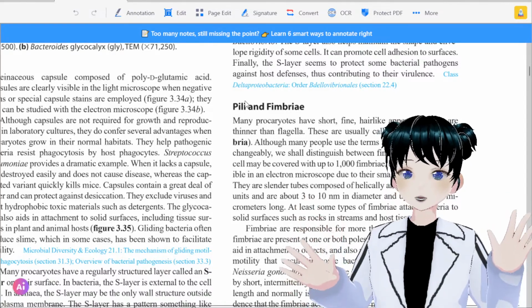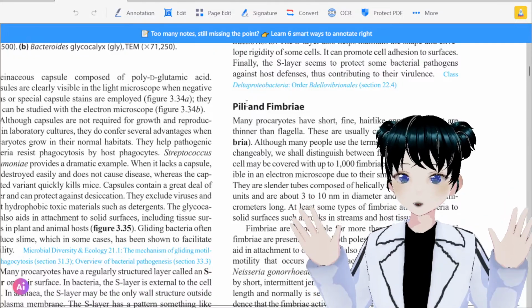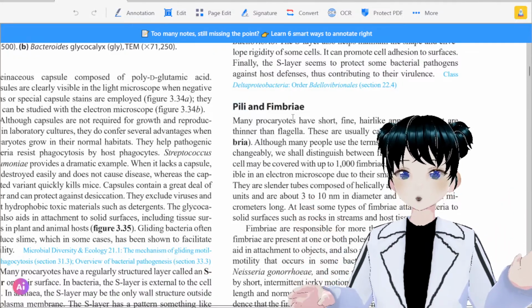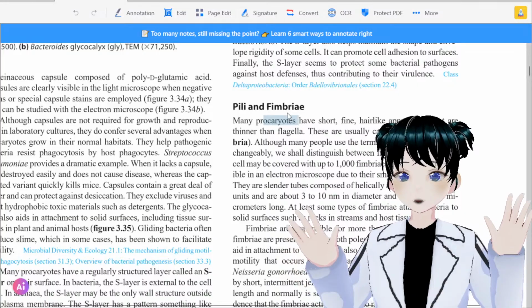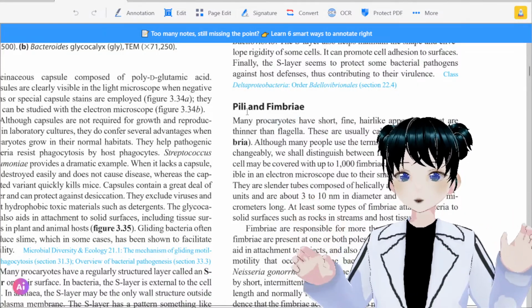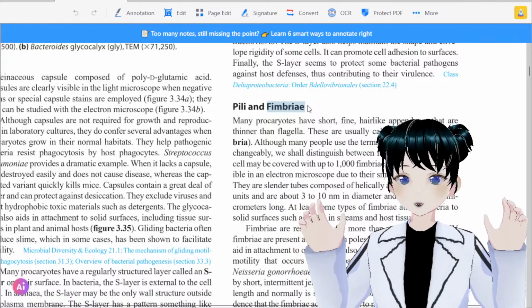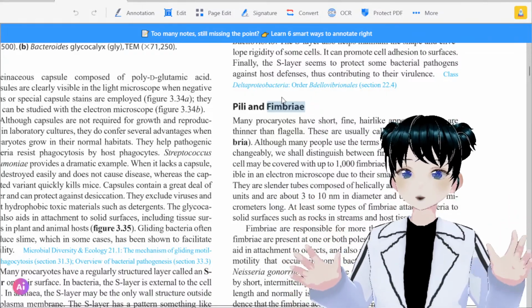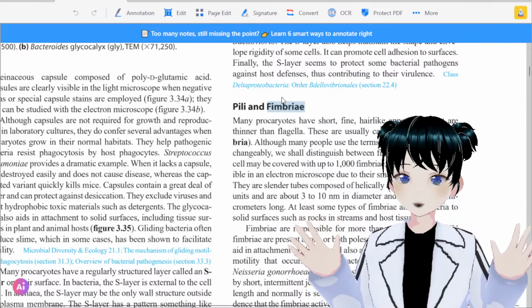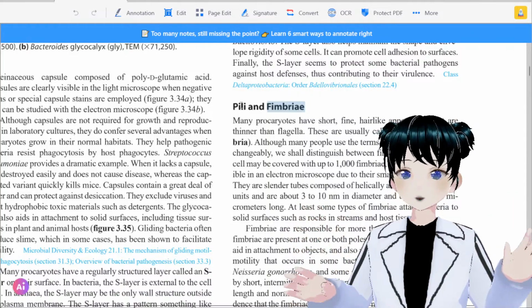The other thing that differentiates these two, other than the number, is their function. Fimbriae are usually used for attachment and maybe motility, right? Location changing, movement. Pili are usually not for that.